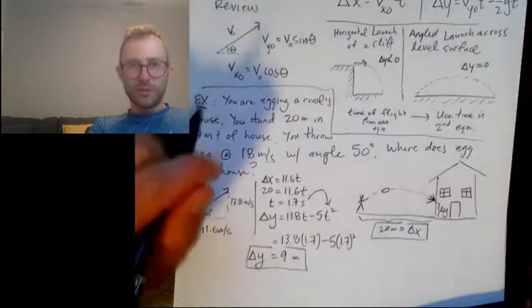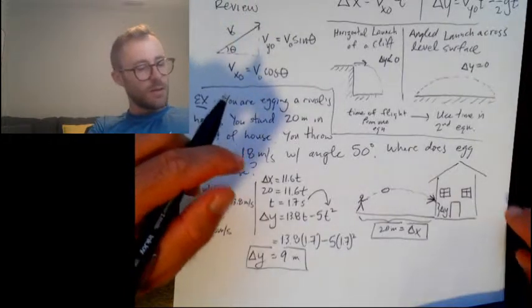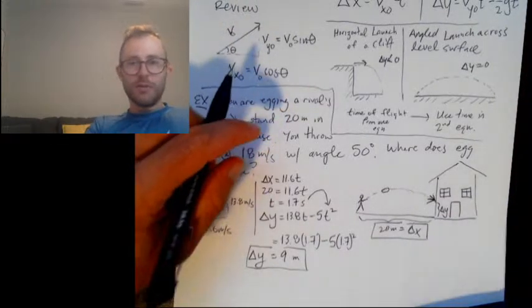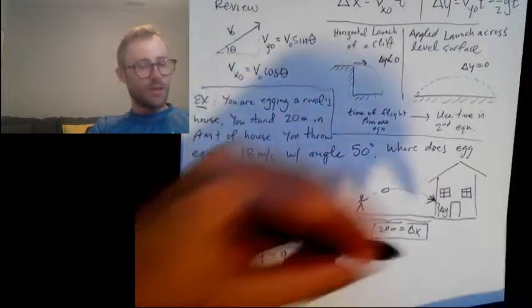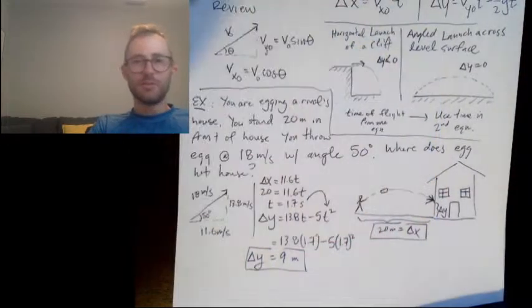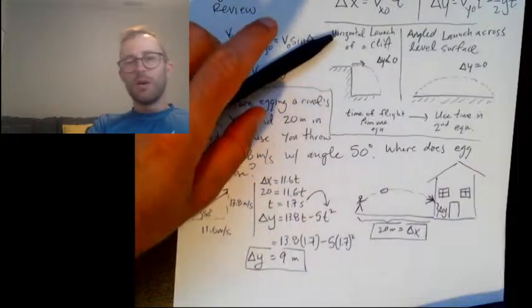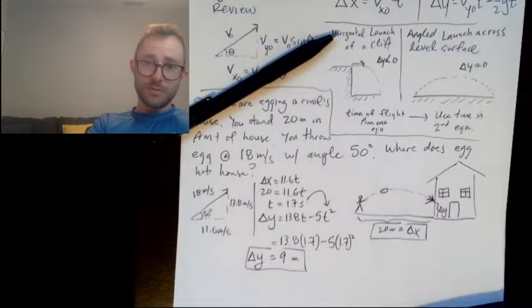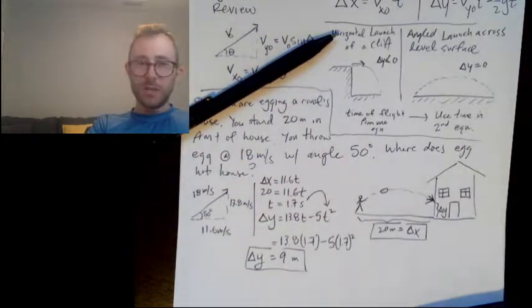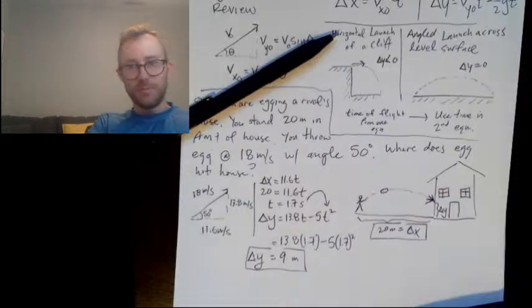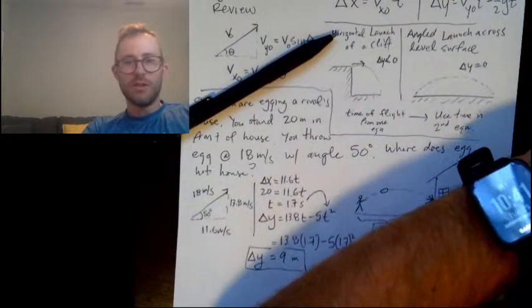I have two questions for you. My first question is, so that means it's going to hit the house 9 meters up from the ground. So my first question is, what if the house is 7 meters tall? What does that mean? So I'm going to type that into the live chat.